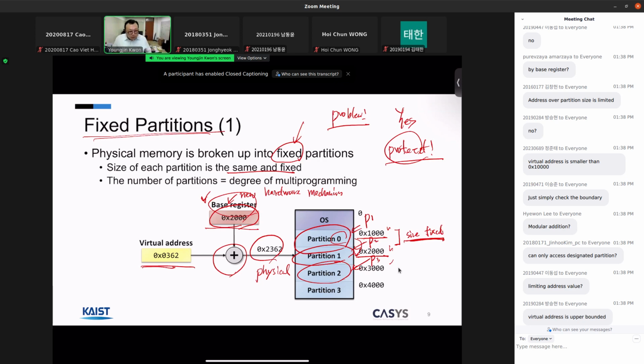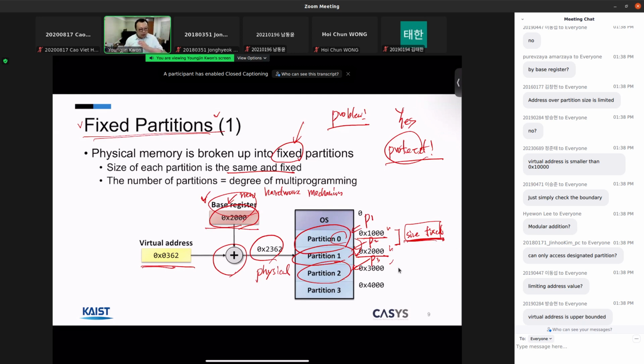Because the partition size is fixed, if it goes beyond the size, then it is killed. The protection will be elaborated later. But this protection is only access or not.